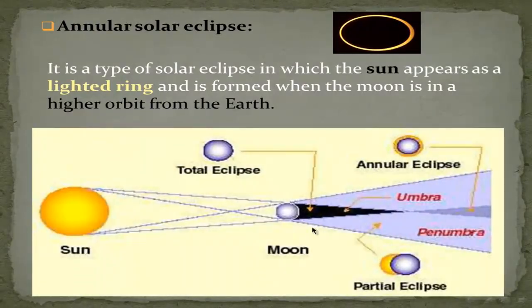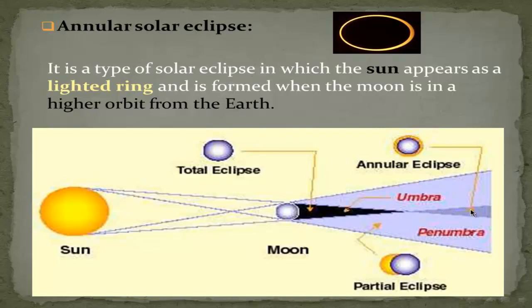To understand more, what is meant by antumbra? This type of annular solar eclipse occurs in a shadow area called antumbra. We said that the darkened inner area is called umbra, and the fainter outer shadow is penumbra. When the moon comes in a higher orbit, becoming more far from Earth, it forms an extension of the umbra.